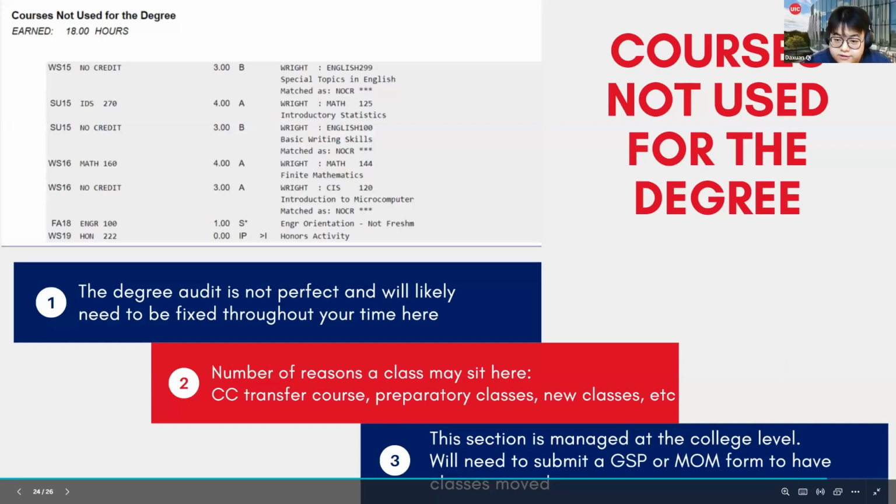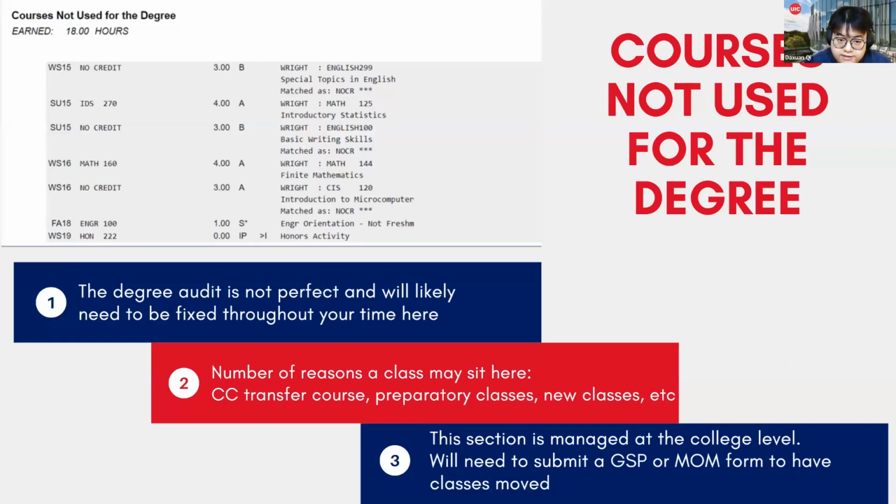Okay, course not used for degree section. Just as a reminder, the degree audit is not perfect. There may be a number of things that need to be moved around during your time here. So the course not used for the degree section consists of all the classes that the audit currently does not see as having the ability to come towards your degree. There are a number of reasons a class may sit in this section, including having classes sit here incorrectly.